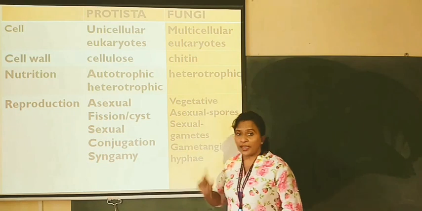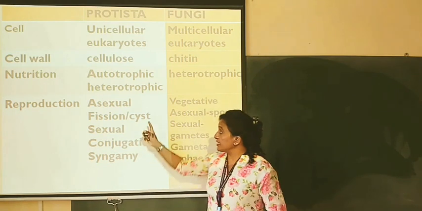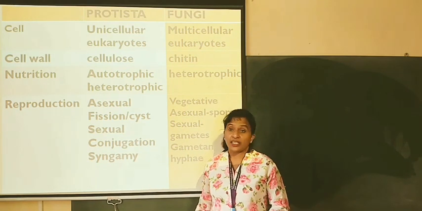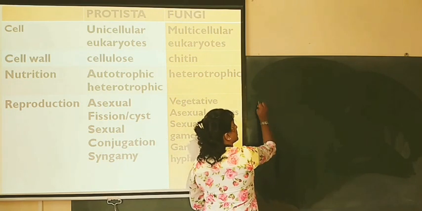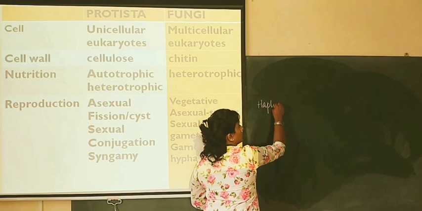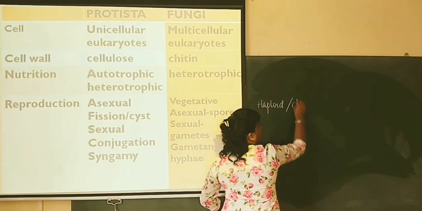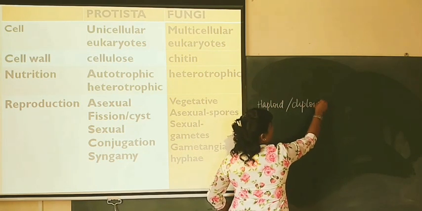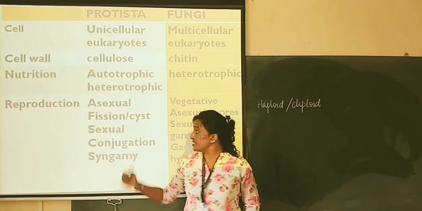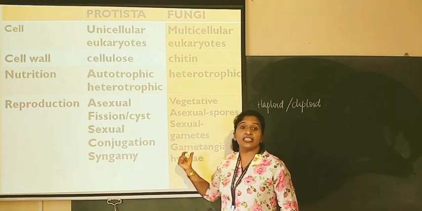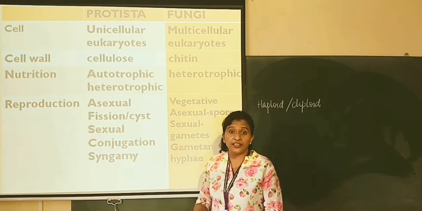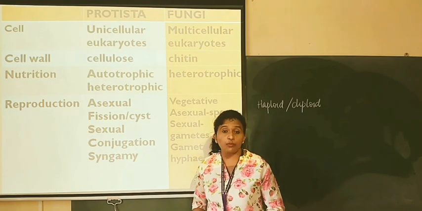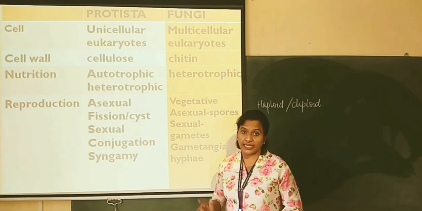One thing we have to remember here is that regarding the kingdom Protista, the organisms can be either haploid or diploid. Whereas in kingdom fungi, we have seen that the species are all haploid, whether it is the gamete or the hyphae or the fungal body, it is haploid, right?